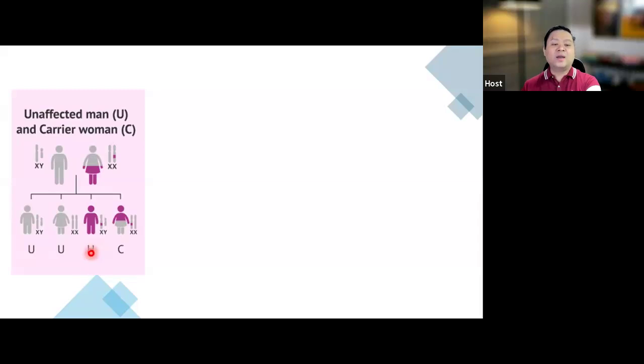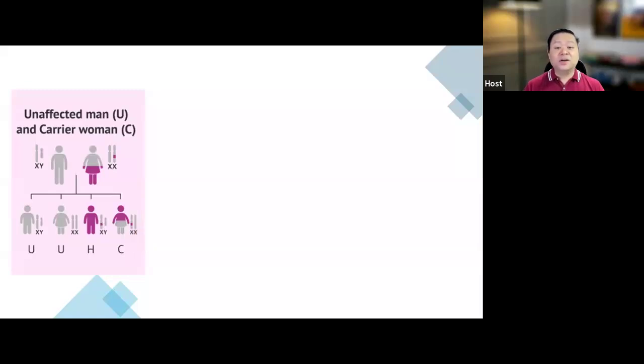However, when we talk about the transmission of the defective gene to the daughters, each daughter will have at least a 50% chance of inheriting the X chromosome with a normal gene from the mother, and the X chromosome with a normal gene from the father.